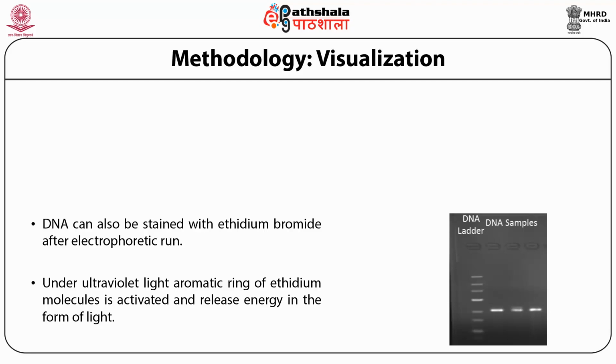Generally, ethidium bromide absorbs in the range of 302 or 312 nanometer, known as UV-B rays. Longer exposure of DNA to UV light can damage DNA and thymine dimers can form. If DNA is to be recovered, it should be minimally exposed to UV light.